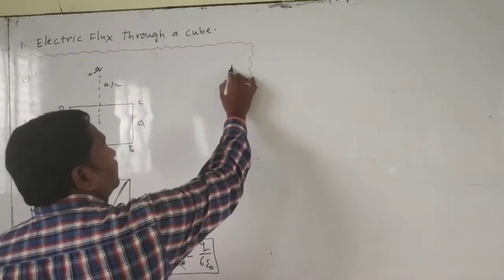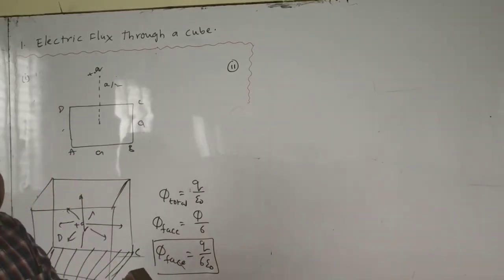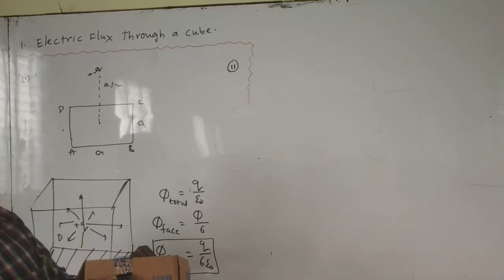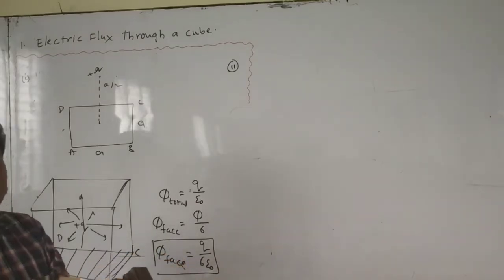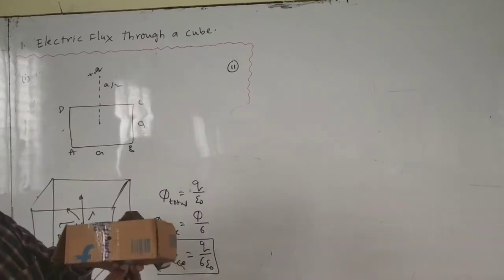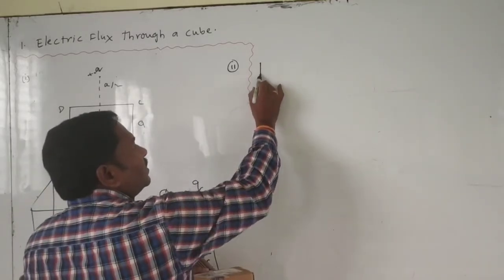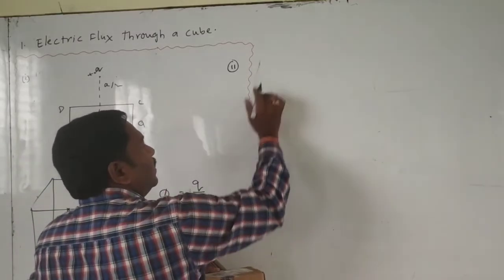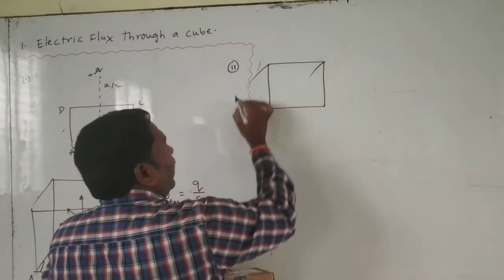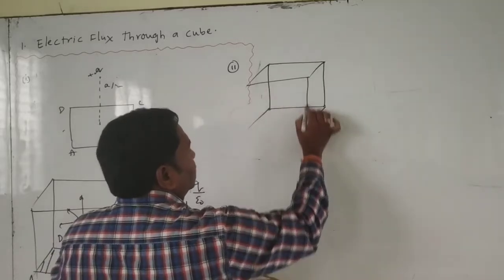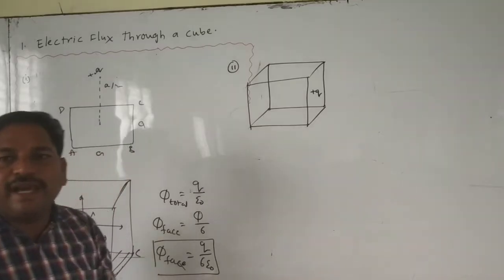Next, the second one. Suppose the charge is placed at the face of the cube. So now how much is the flux linked through the cube, that we have to calculate. See the charge. So this is the cube, and we place charge plus q here.